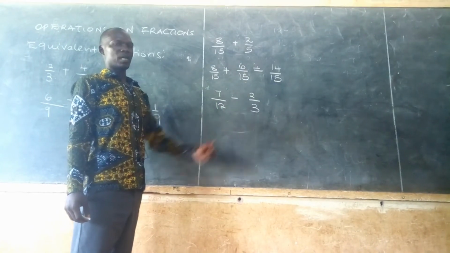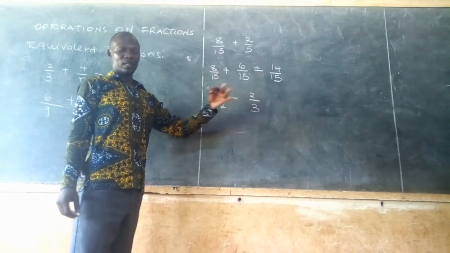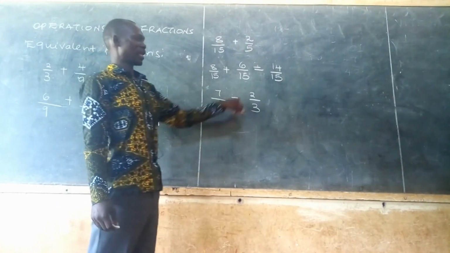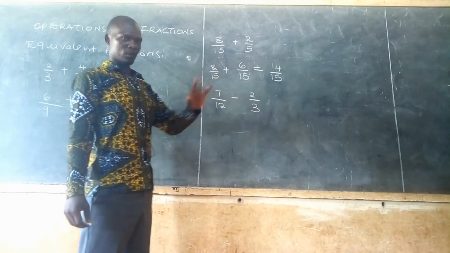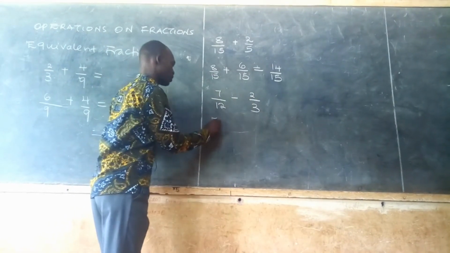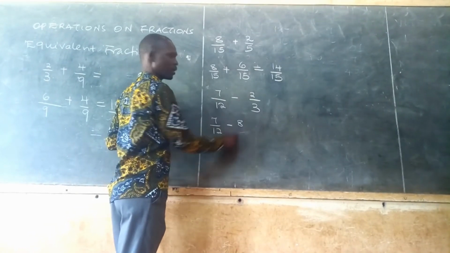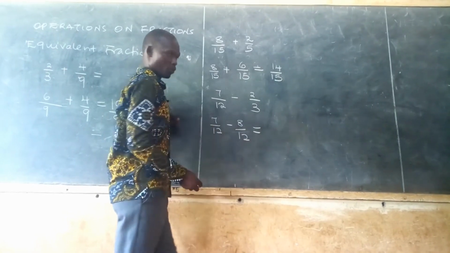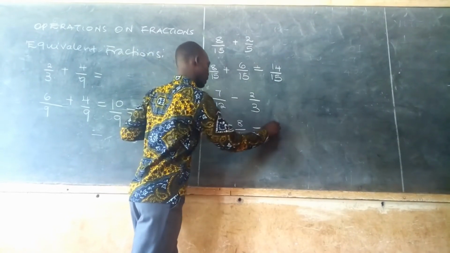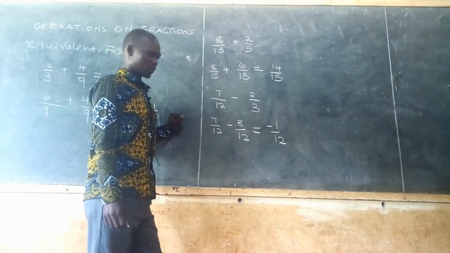So all I need to ask myself is, what is 12 divided by 3? The answer is 4. For that reason, I'll multiply both the numerator and denominator by 4. So what does that give me? 7 over 12 minus 2 times 4 will be 8, 3 times 4 will be 12. So you know this one will give me negative 1 over 12 as my final answer.